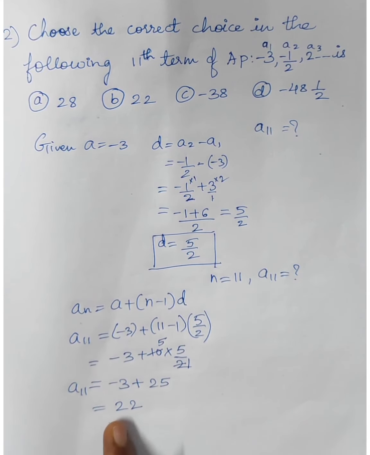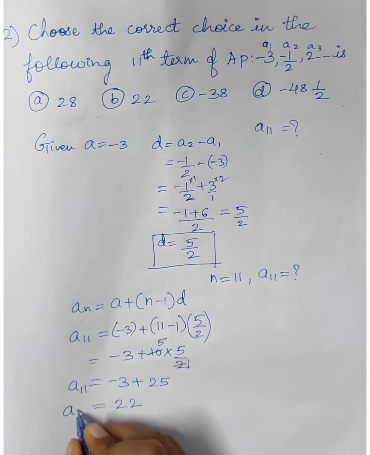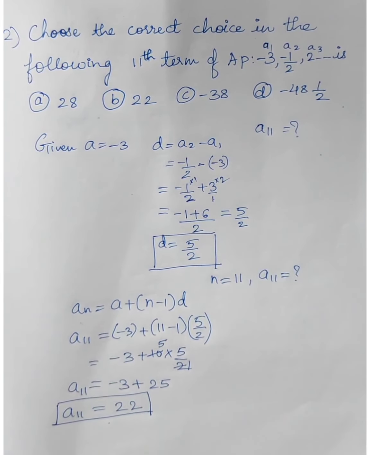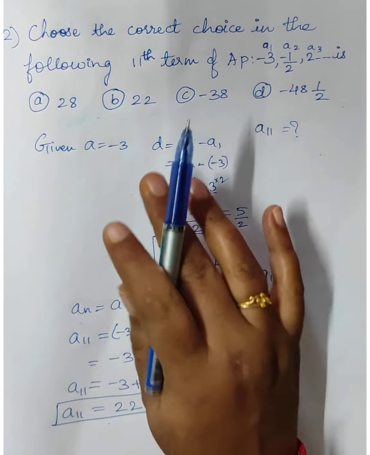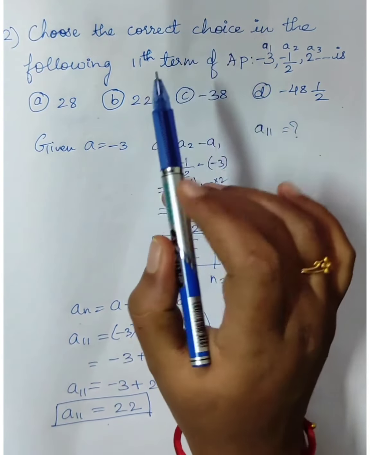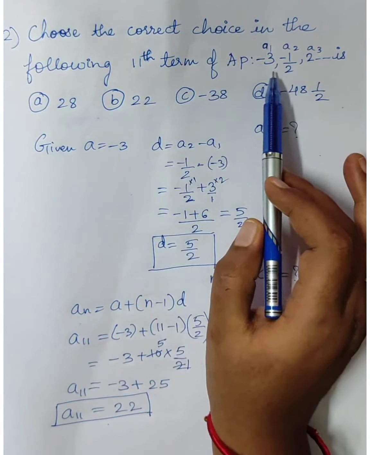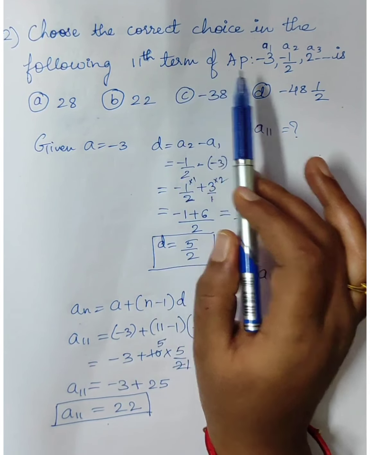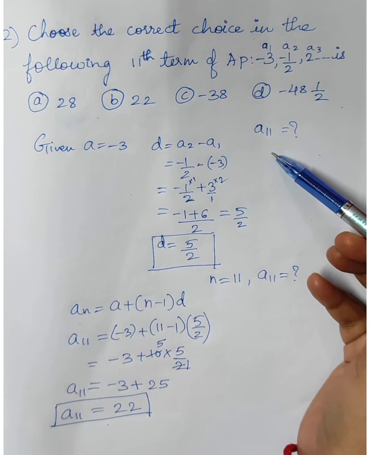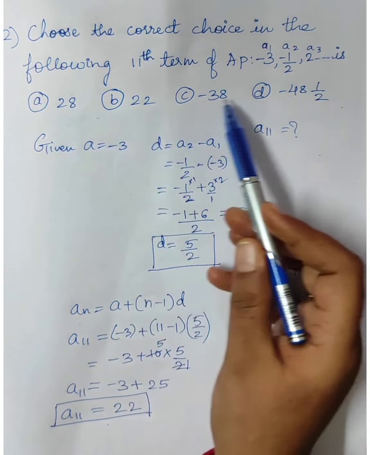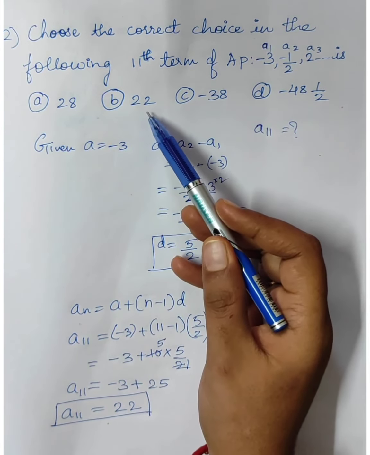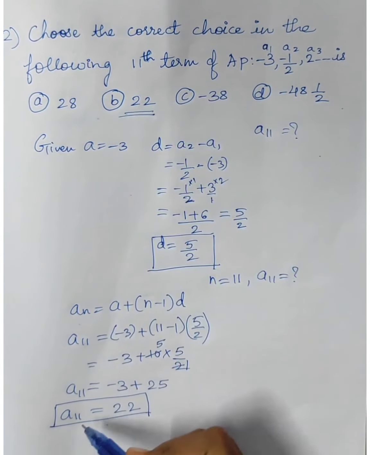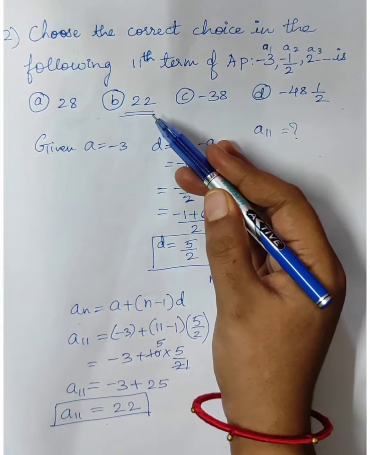So A11 is 22. From the given question, we needed to find the 11th term of this sequence, and from the options the correct answer is 22. That is A11 equals 22.